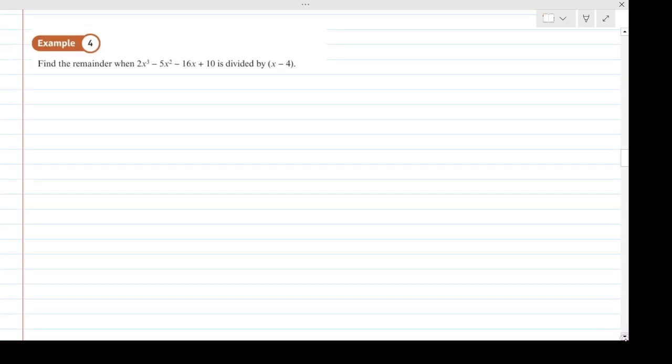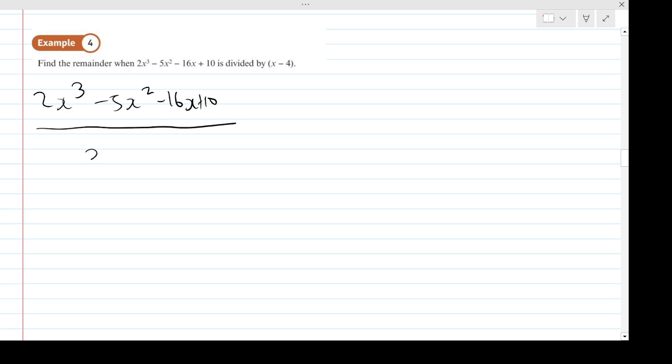Okay, example 4 then. We had a different question. We are asked to find the remainder when 2x cubed minus 5x squared minus 16x plus 10 is divided by this. So again, we need to consider the division: 2x cubed minus 5x squared minus 16x plus 10 divided by x minus 4.